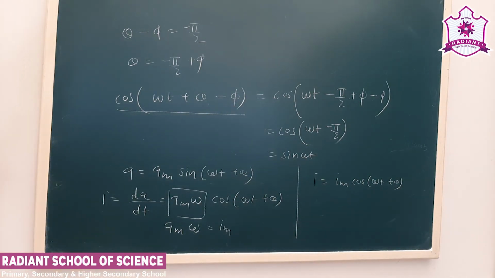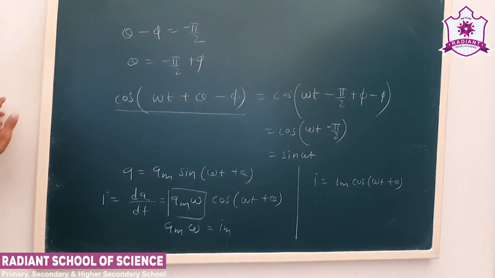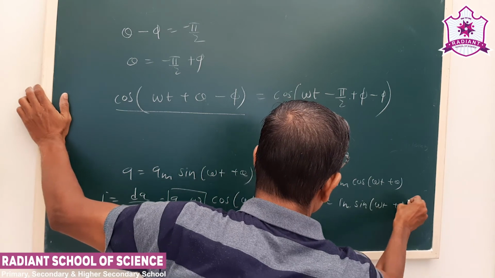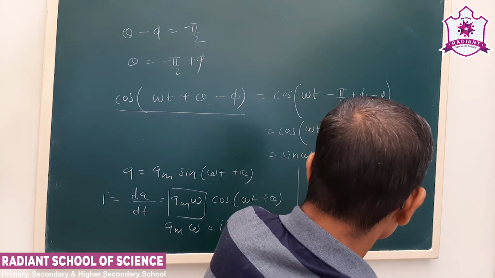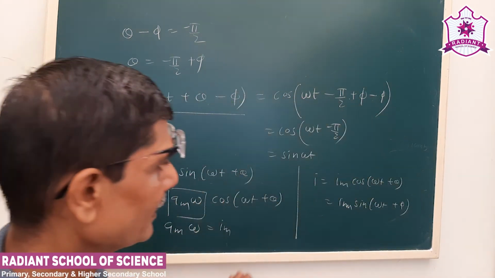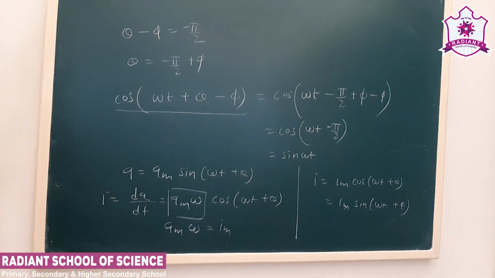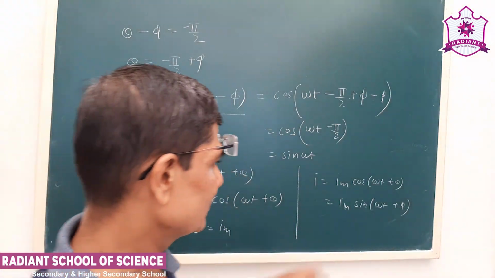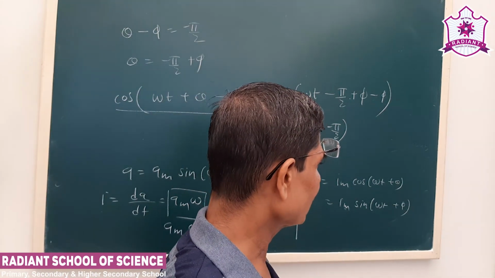Now if I substitute the value of theta again, we can convert it to sine, so I is equal to Im sin(omega t plus phi). The voltage supplied was of sine type, and the current is also of sine type. The phase difference between the voltage and current is phi.